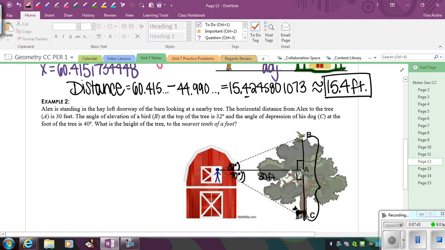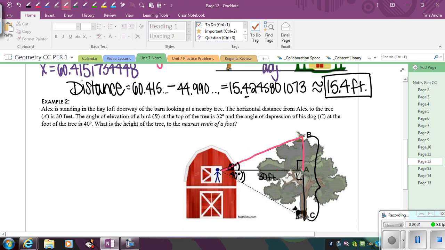Now remember, you can't do right triangle trig on a triangle that's not a right triangle. So I can't combine these and try to use SOHCAHTOA to find this entire height using this big triangle. Instead, we have to look at this as 2 separate right triangles.